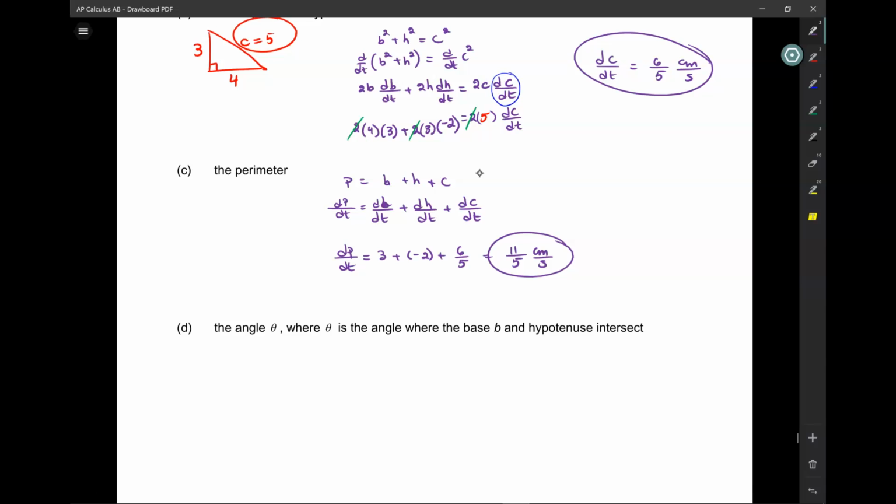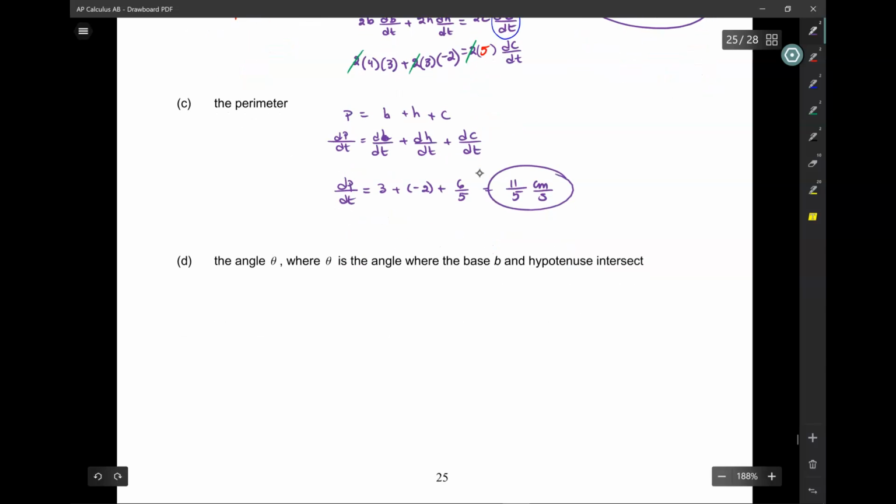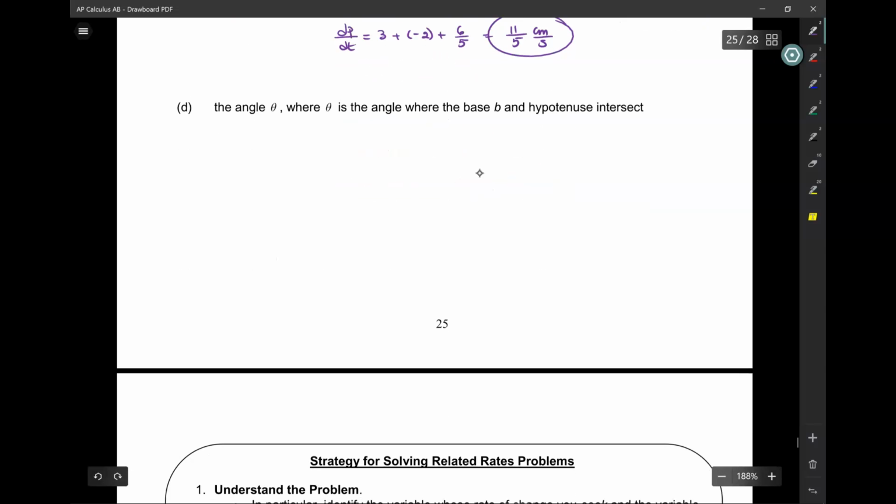Okay, next. The angle theta, where theta is the angle where the base b and the hypotenuse intersect. So that's theta, and that's h.